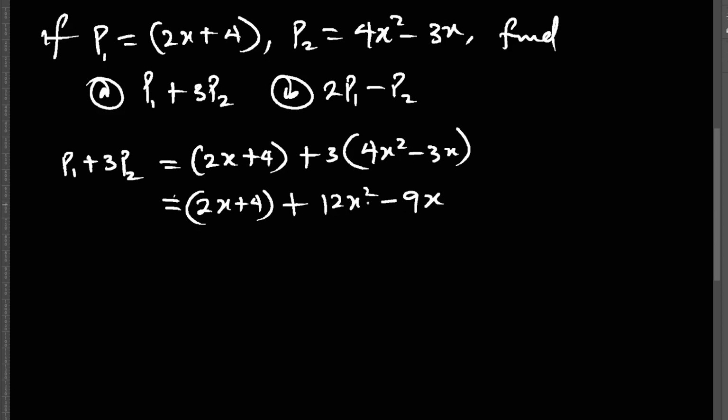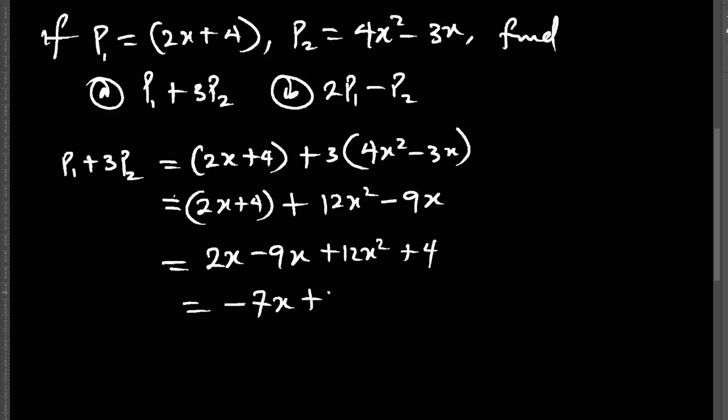So if we have this now, we can collect the like terms. However, if you look at this place, there is no x squared there. Therefore, I'll have 2x minus 9x plus 12x squared, then plus 4. So if this is what I have, 2x minus 9x, that will give us minus 7x plus 12x squared plus 4.